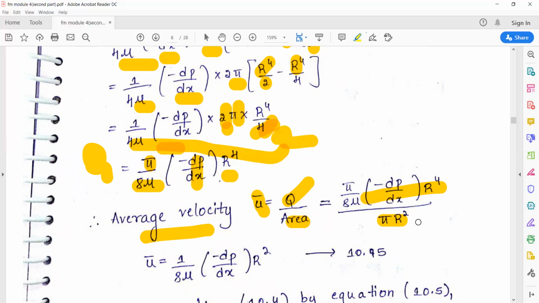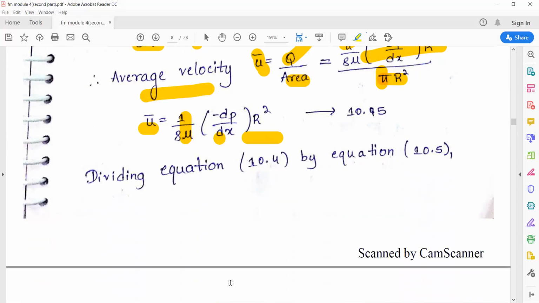Here r square and r square get cancelled, and pi and pi get cancelled. The remaining will be 1 by 8 mu into minus dp by dx into r square. That is the expression for U average.